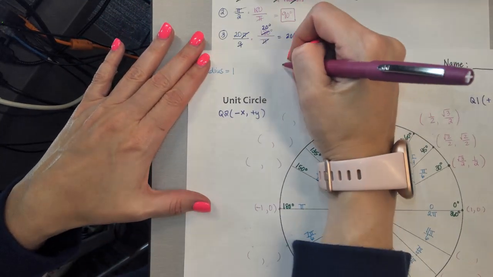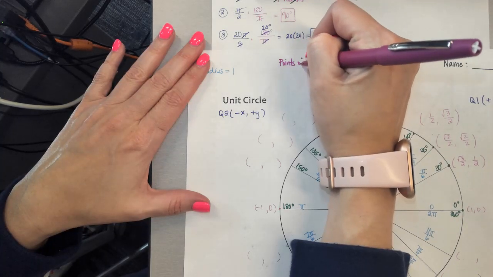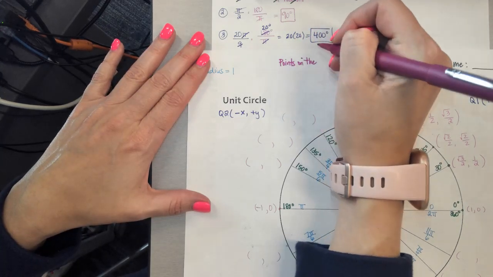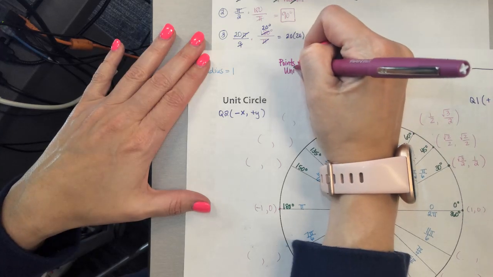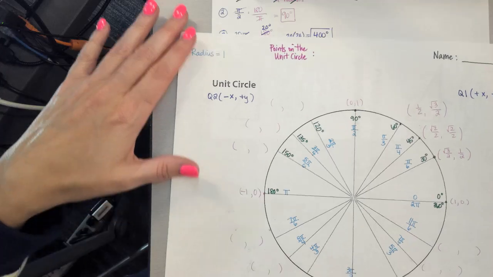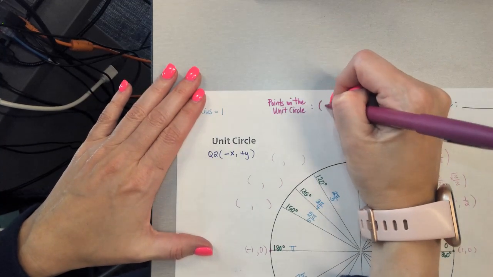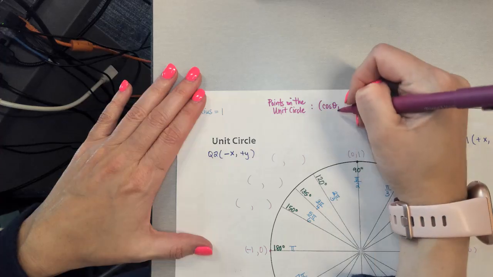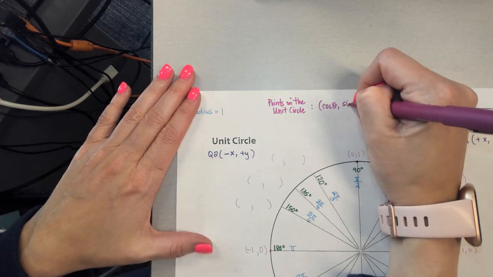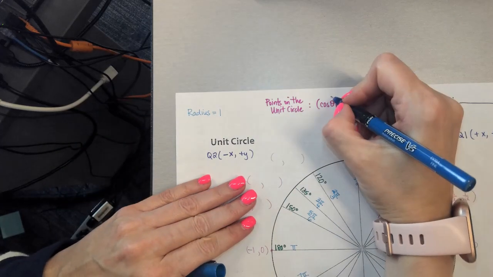Okay, so your points on the unit circle are going to be the cosine of theta and the sine of theta. And that corresponds to your x and your y coordinates.